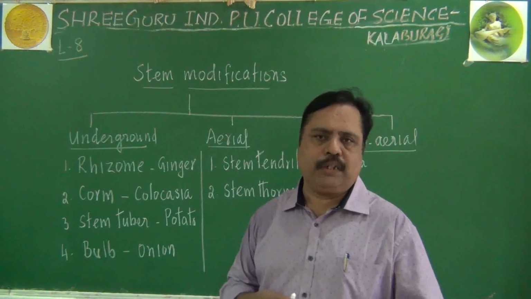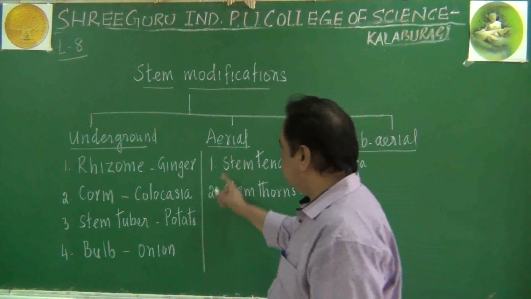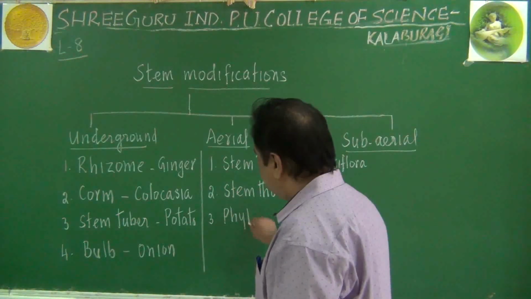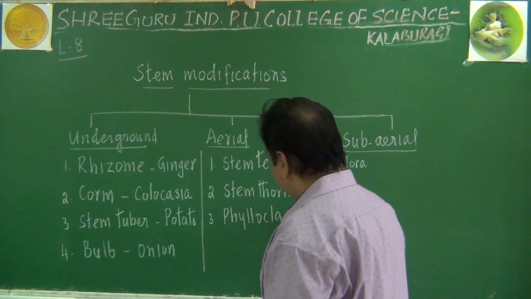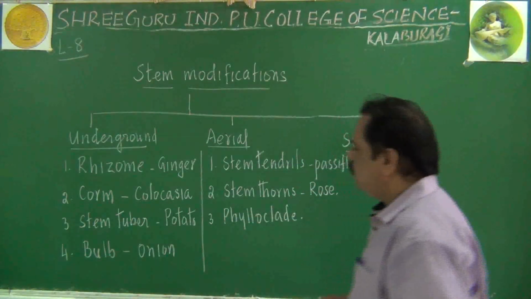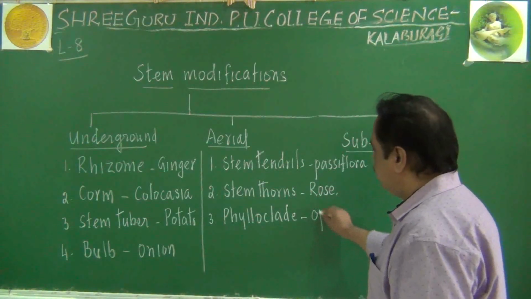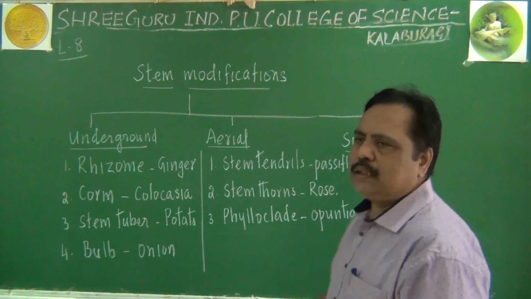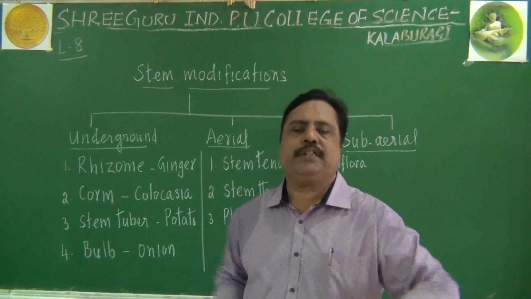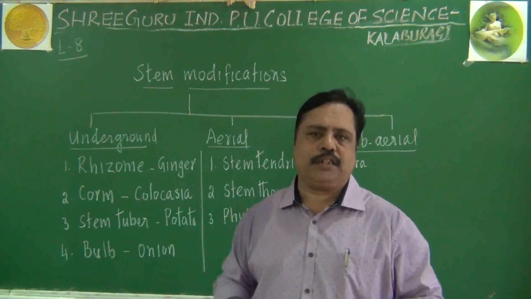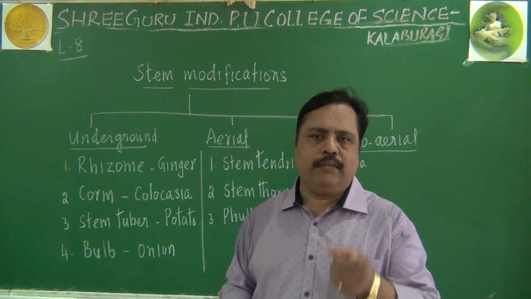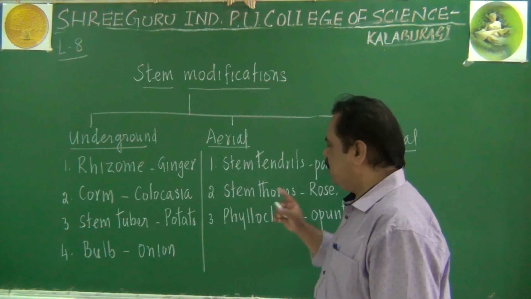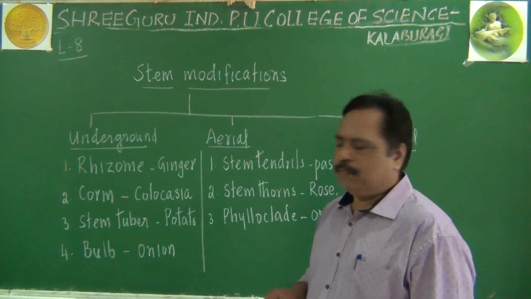In addition to this, I was telling you about phylloclad also. Xerophytes like Opuntia exhibit phylloclad. In phylloclad, the stem becomes a leaf-like, broad, flat structure, green in color. They will undergo photosynthesis. So a photosynthetic stem is called phylloclad, remember.